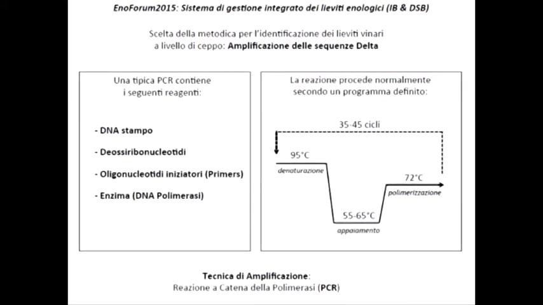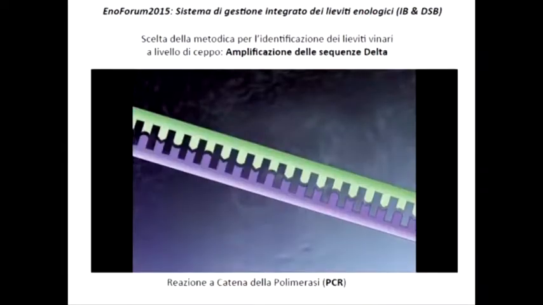As you can see, these three steps are repeated for an n number of cycles. In the end, this makes it possible to produce an X number of DNA pairs. With n cycles, you have 2 to the n pairs of DNA.